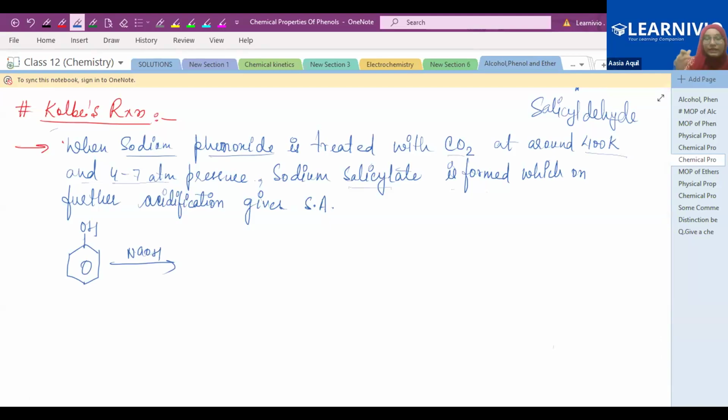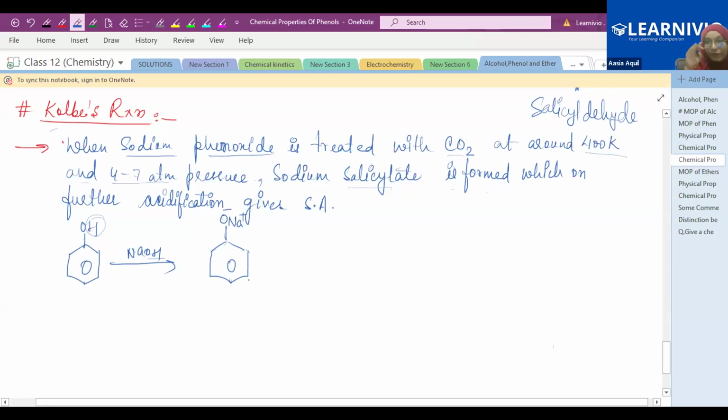When you convert phenol to sodium phenoxide by adding sodium hydroxide, water will be released, H from this phenol and OH from this sodium hydroxide. And here there will be an O minus and Na plus. This is your sodium phenoxide.